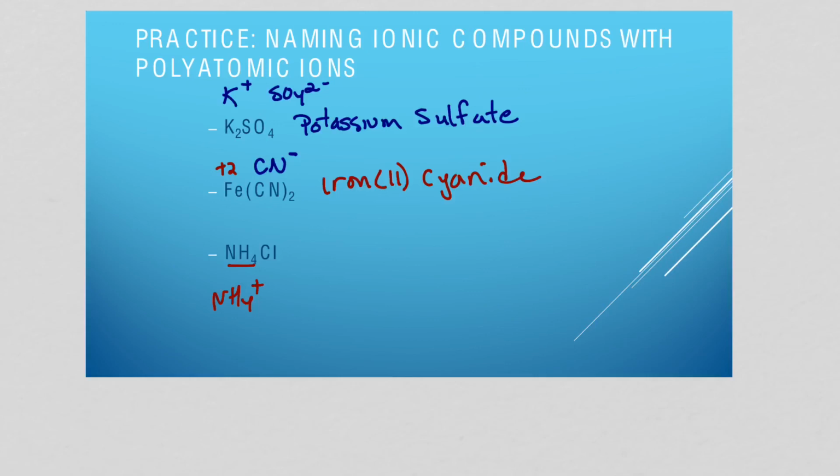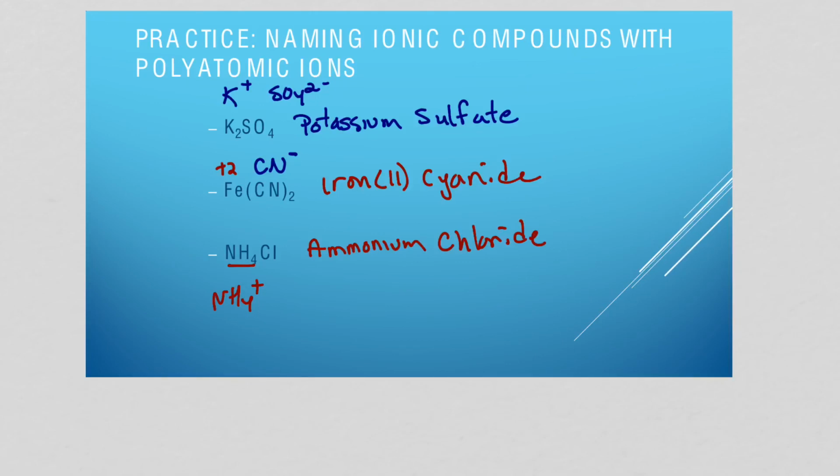And of course Cl is Cl minus 1. So we got positive 1 here, negative 1 here. And so the name, again, we're just going to use the name for the positive ion. So ammonium. And for the negative ion, again, because it's an element, we're going to change the name to an IDE, and it becomes ammonium chloride, becomes the name of this compound.